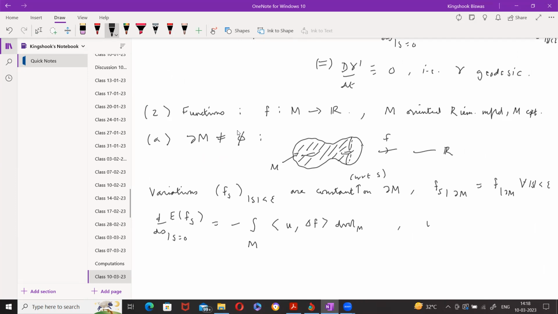Where u was the variational function, u was the derivative with respect to s at s equal to 0 of f_s. This was a smooth function on M.